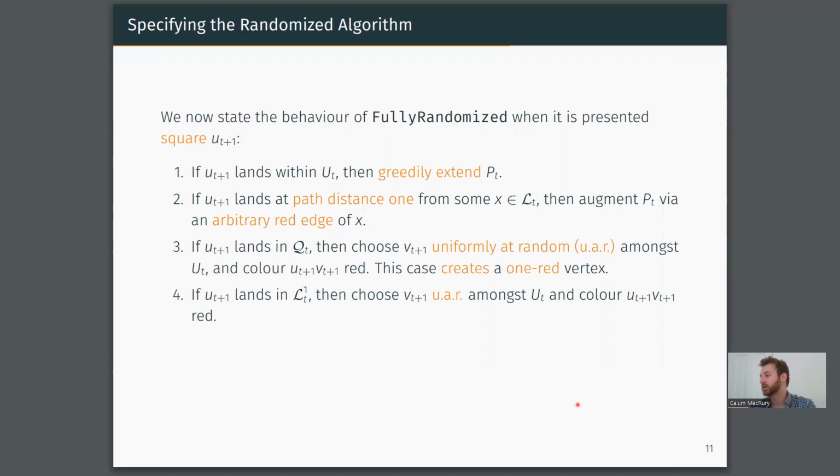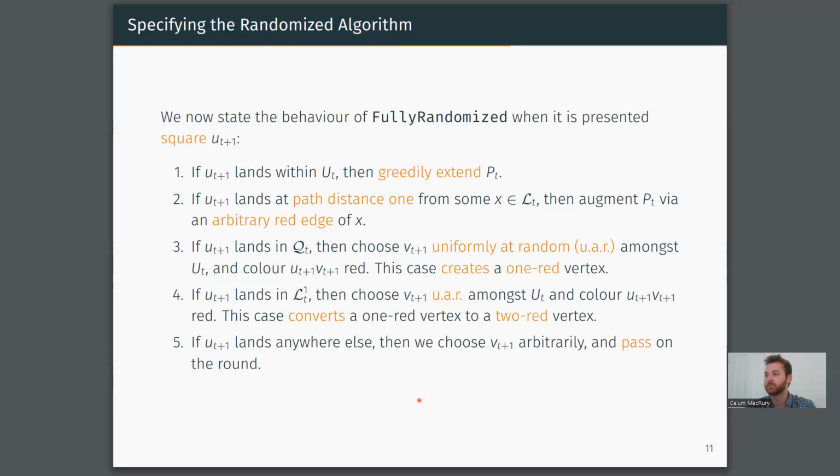Okay, so this case 3 creates a 1 red vertex. And similarly, if the square lands on top of a 1 red vertex, then we'll also draw the circle uniformly at random amongst the unsaturated vertices, and we'll color the edge red. So this converts a 1 red vertex into a 2 red vertex.